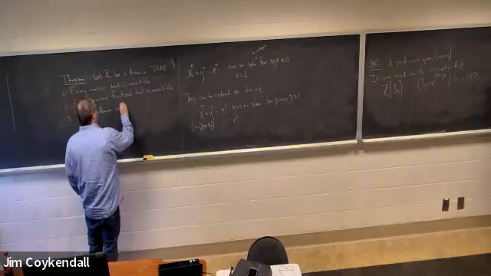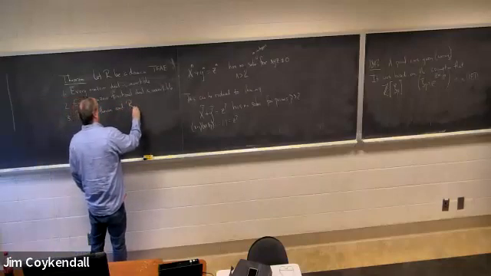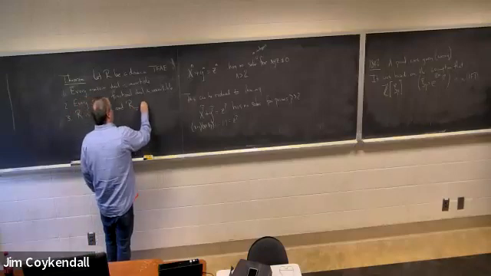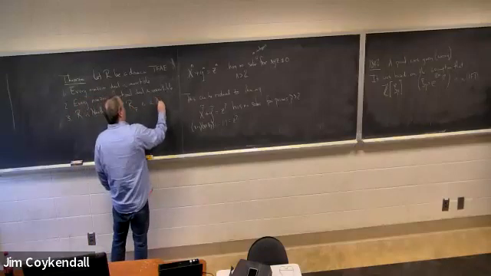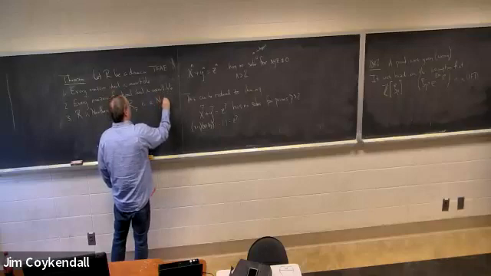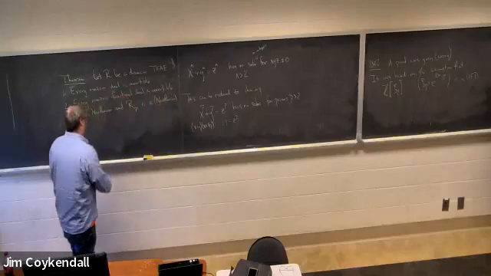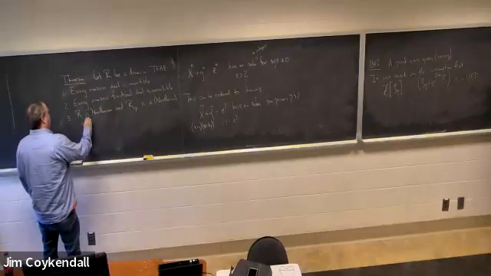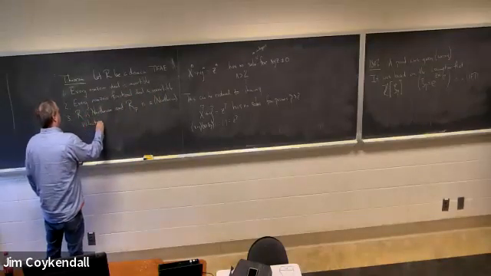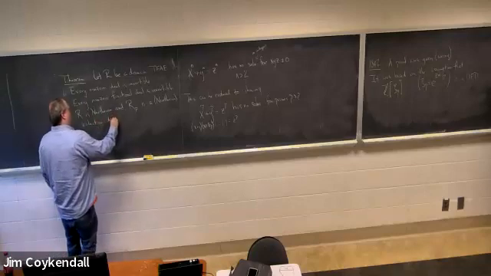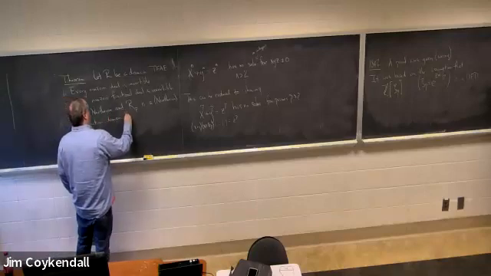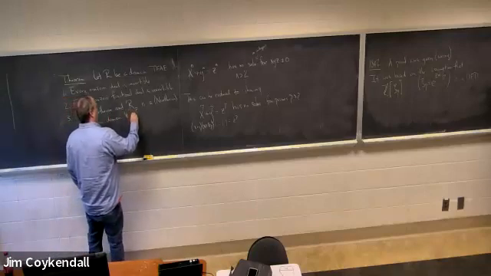And R localized at P is a Noetherian valuation domain for all prime ideals P. You don't need this word Noetherian, it's automatic after the first assumption.